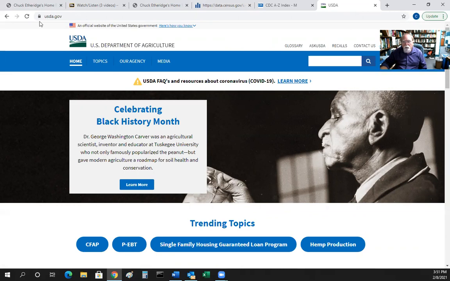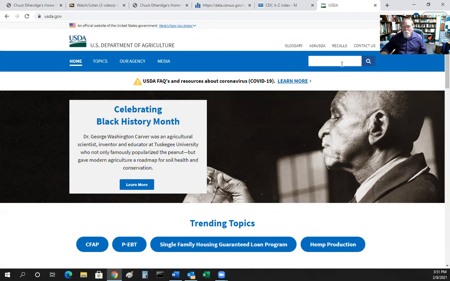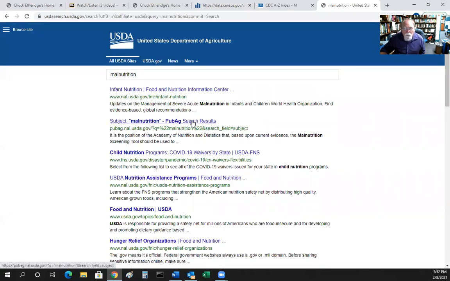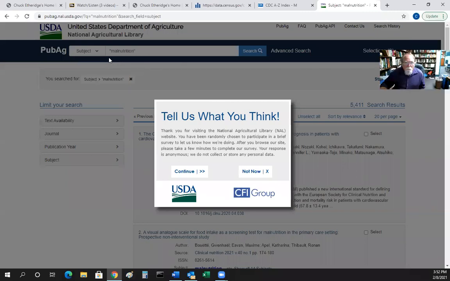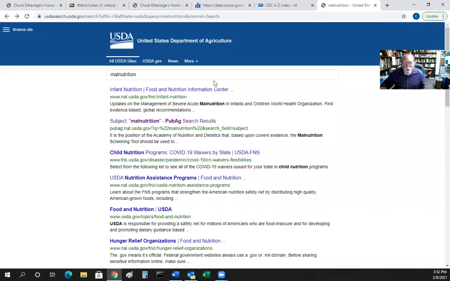So, healthy hemp. That's not what I'm looking for as well. I don't know what to type in, malnutrition. So we put down malnutrition. We get some articles about malnutrition, nutrition assistance.